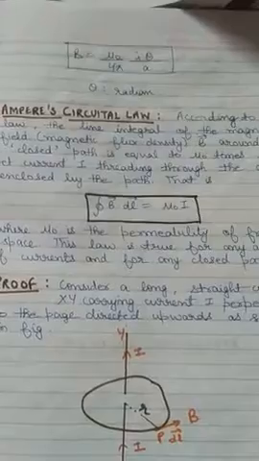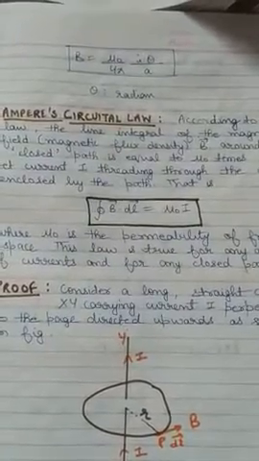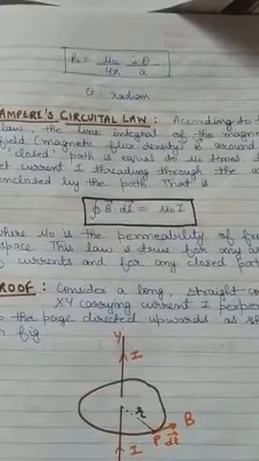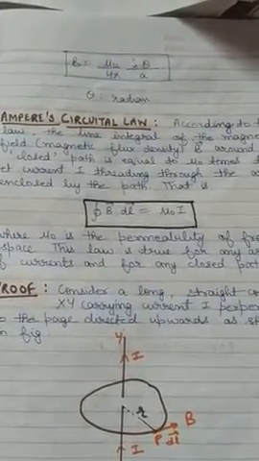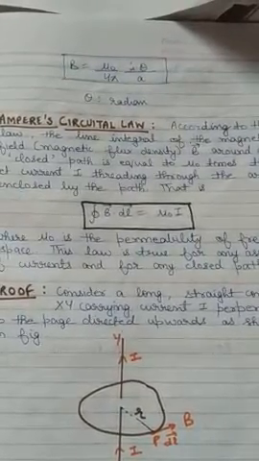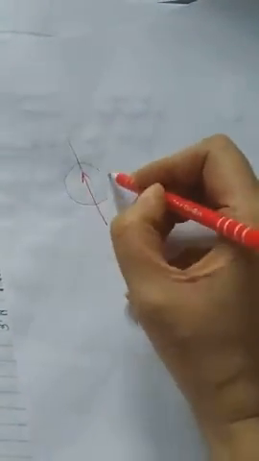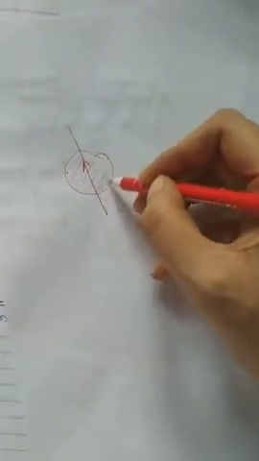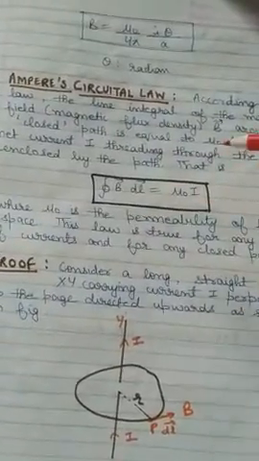If we have a current carrying wire, we know that there will be a magnetic field around it. So this law states that if we take a line integral of the magnetic field around any closed path, if we have this current carrying wire and we choose a closed path around it, then this will be the total area in which the current is threading through.